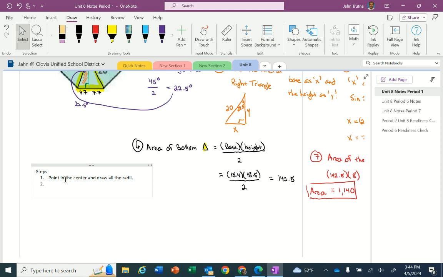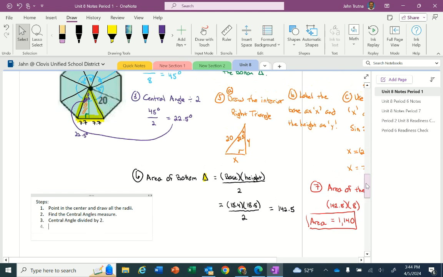Step number 2: find the central angle's measure. Step number 3: central angle divided by 2.